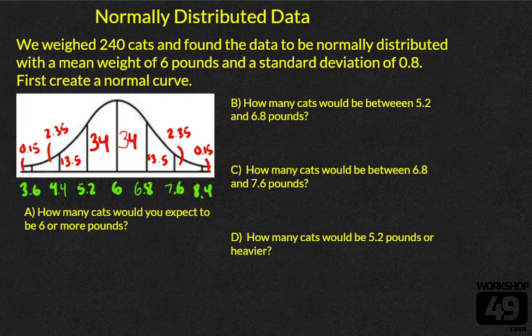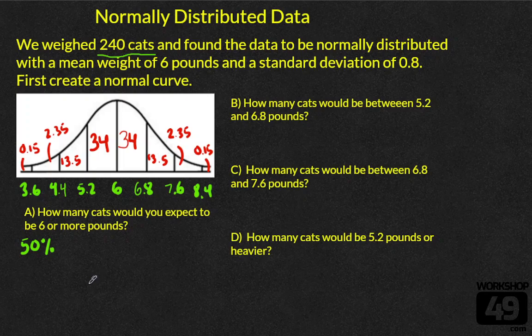Out of these 240 cats, how many cats would you expect to be 6 pounds or more? Because 6 is right in the middle, and 6 pounds or more is this whole right-hand side of the normal curve, we can actually say that that is 50%. But because we've been given an actual number of cats, 240 cats, this question actually wants a number.